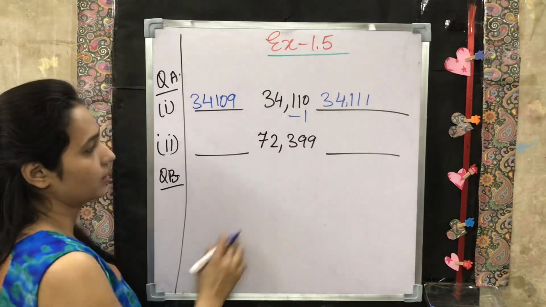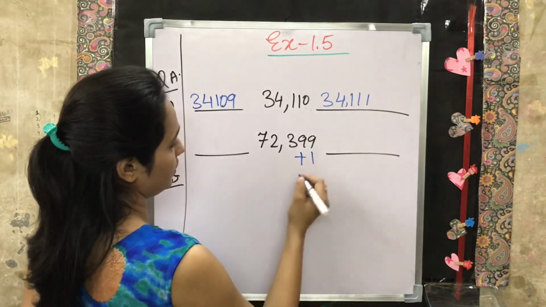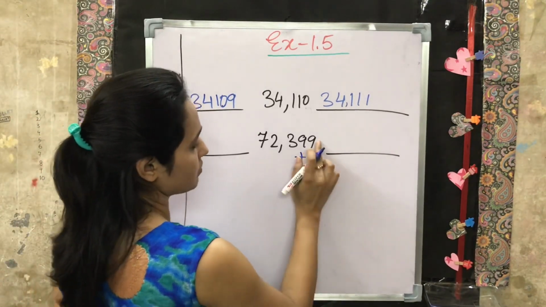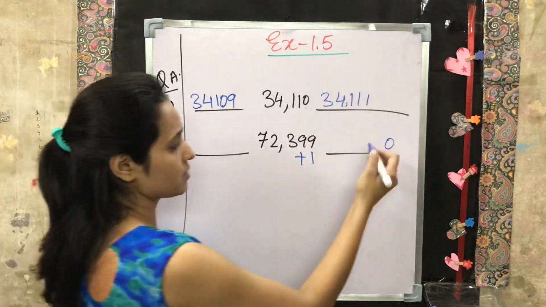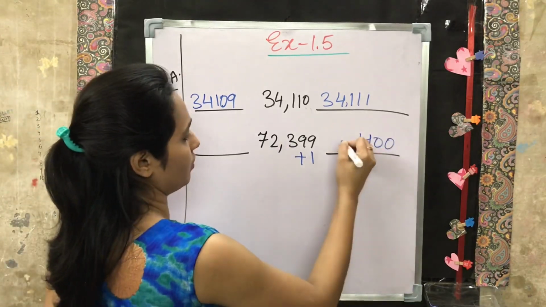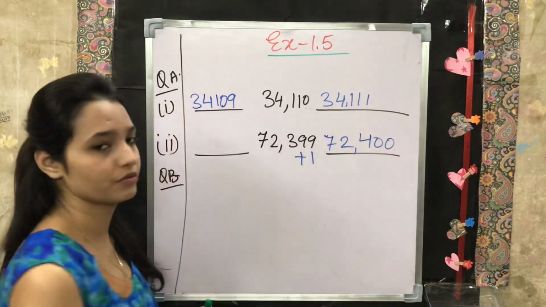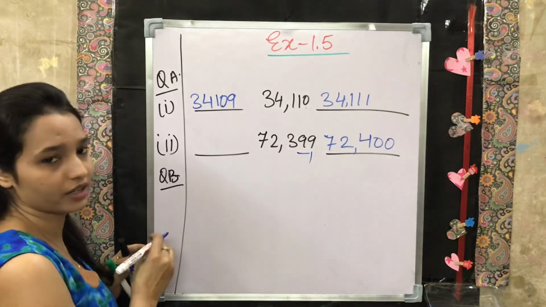Here, to find the successor, we will add 1. Adding 9 plus 1, 0, carry over. 9 plus 1, 10, carry 3. 4, 2, 7. 72,400. And if we go back to the predecessor, we will subtract 1.